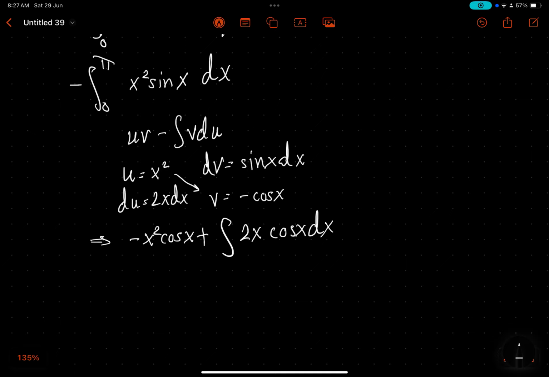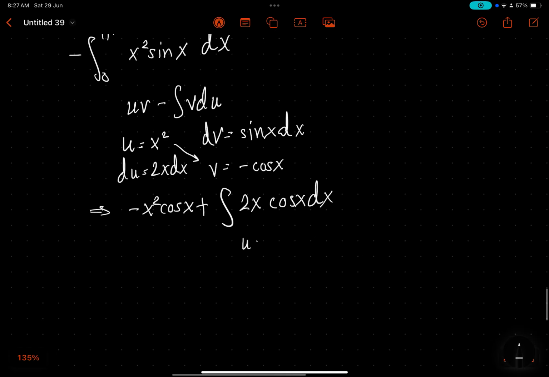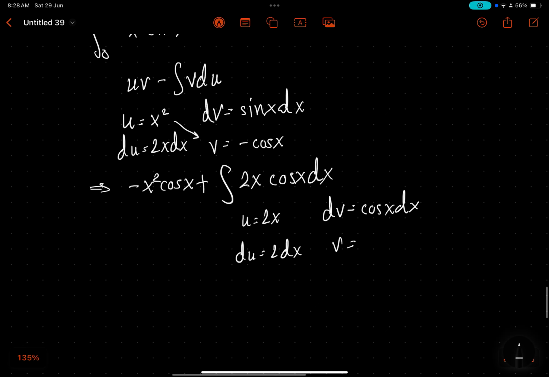Now you will need to integrate by parts again, so u equals 2x, du equals 2 dx, and dv equals cosine x dx, so v equals sine of x.